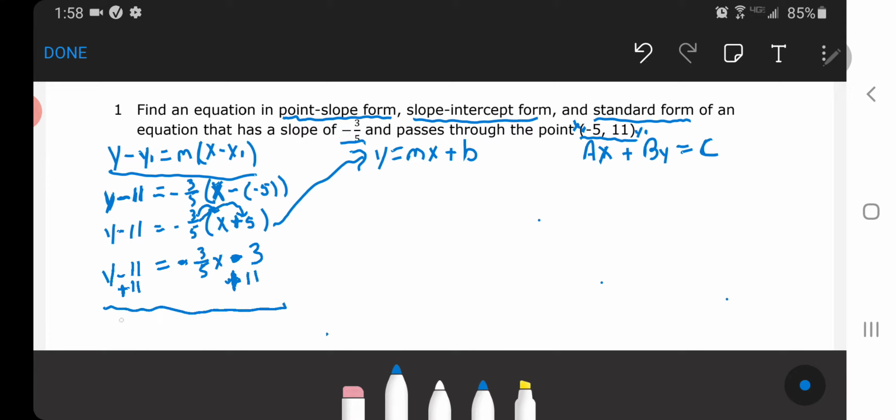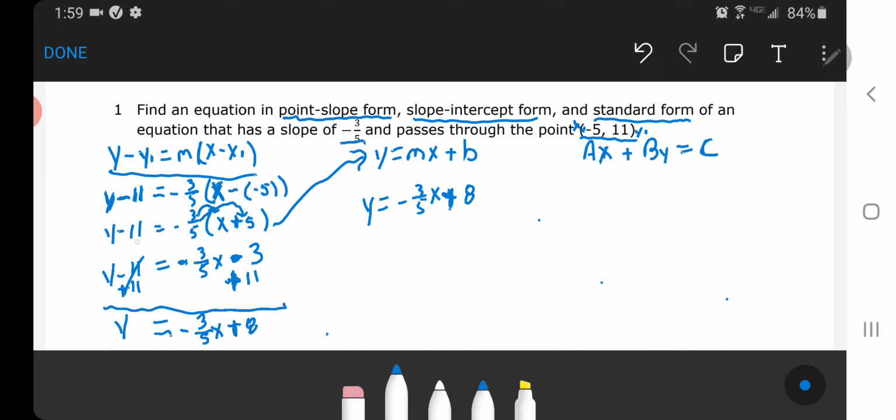Okay, so then we get y, and of course negative 11 plus 11 is 0, so those disappear, equals negative 3/5 x, and a negative 3 plus 11 is plus 8. So we get y equals negative 3/5 x plus 8, and there is our slope-intercept form, where negative 3/5 is our slope and 8 is our y-intercept.